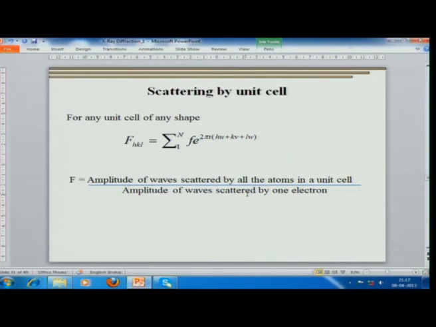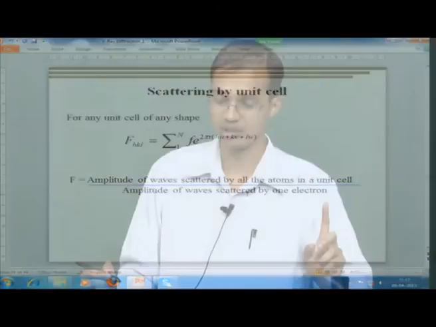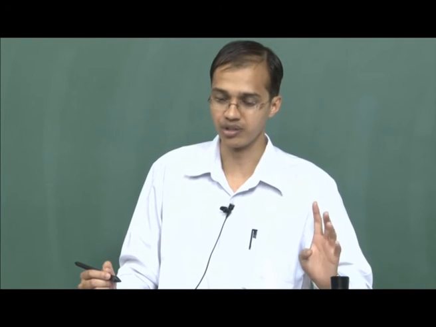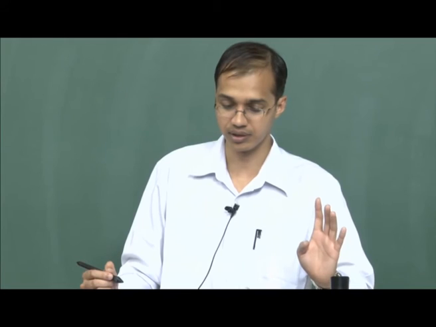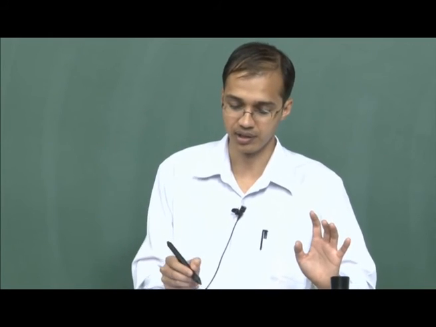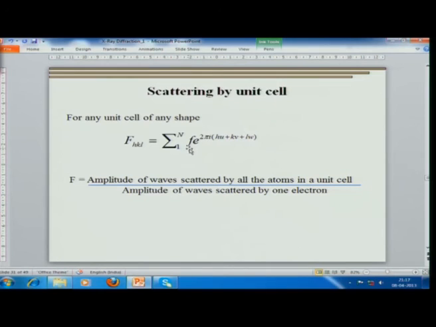However, when we go to BCC or FCC unit cells with 2 atoms and 4 atoms per unit cell, the scattering by the unit cell is given by the summation over all the atoms in the unit cell, F of hkl equals the summation from 1 to n of small f e^(2 pi i (hu plus kv plus lw)). The capital F, the structure factor, is the amplitude of waves scattered by all the atoms in the unit cell divided by the amplitude of waves scattered by one electron.